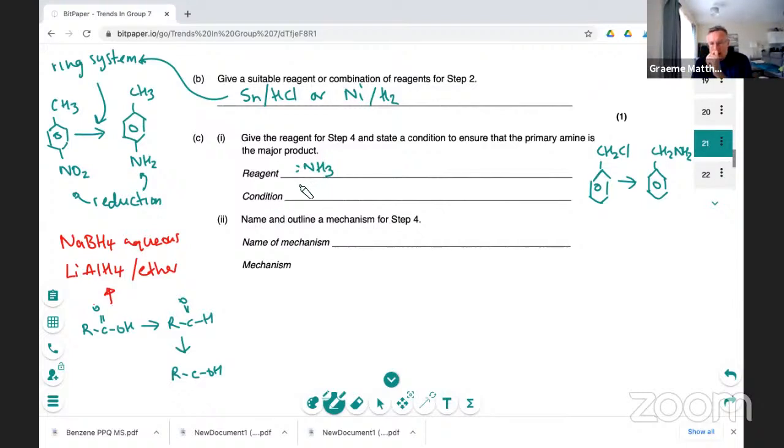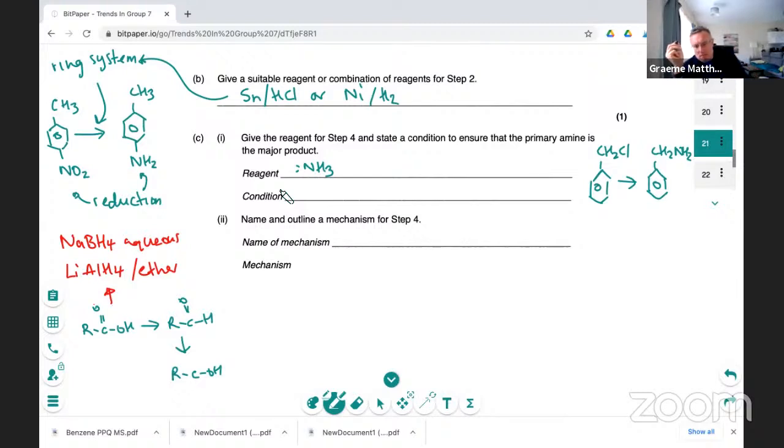And now look, you're then thinking, state a condition to ensure that the primary amine is the major product. Okay. You know, in year 12, you did your very first nucleophilic substitution reaction, and you did the one with hydroxide, the one with cyanide, the one with the amine, and then you probably learned this mechanism that is kind of like, if you're not careful, you try to generate just one amine.